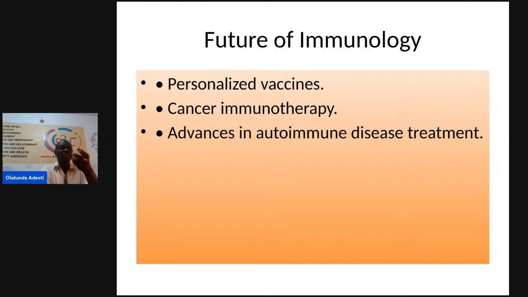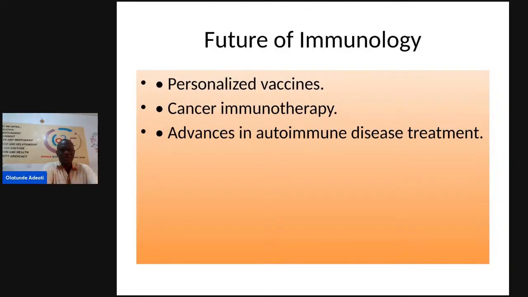So a time is coming when it's not going to be community vaccination again. It's just going to be personalized vaccine. The only thing they will do is take your immune system to the laboratory, and they will produce vaccines and drugs that will be made for you and for you only. So that is the future of this.